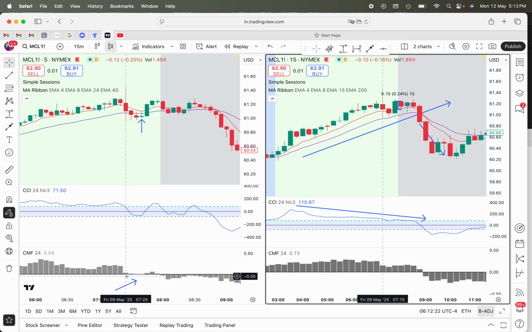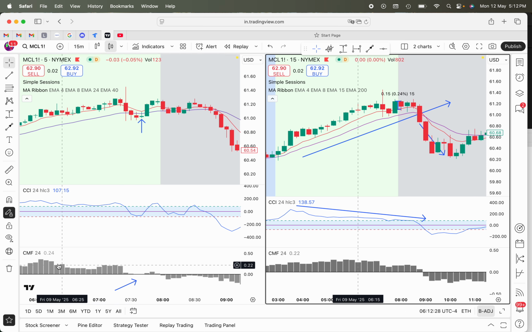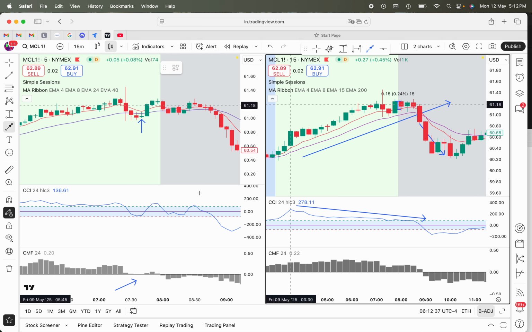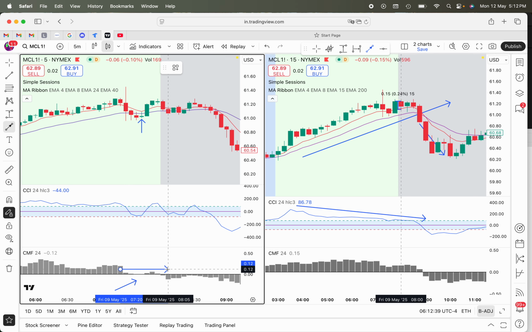Look at this CMF. Look at the bars. Look at the histogram. They're almost dead flat versus everything else. So if this histogram was as strong as what they are, if they were up here, let's draw a line, if they were up that high, that probably would be a good long. But because they're not, I stand aside.